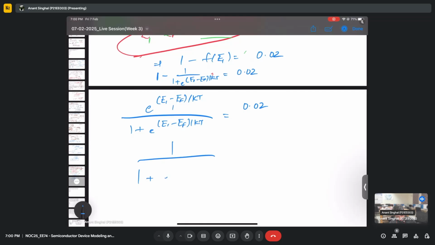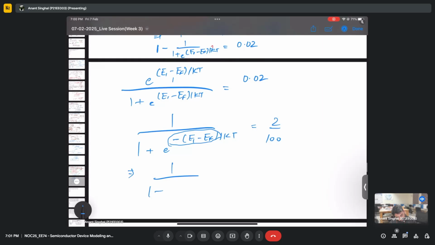Or, in simplification, if I divide both numerator and denominator by this term, it will be 1 upon 1 plus exponential of minus (E1 minus EF) over KT. This is nothing but 2 by 100. Any doubts still here? Okay. So with the minus, this is 0.25 as given.